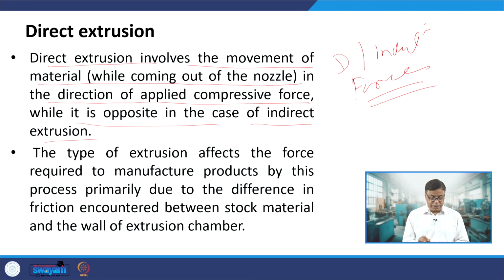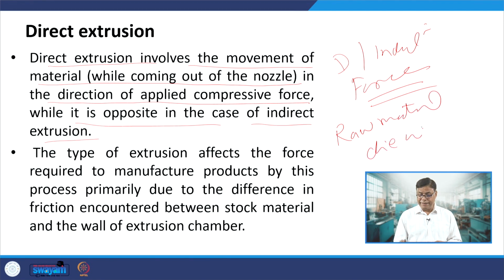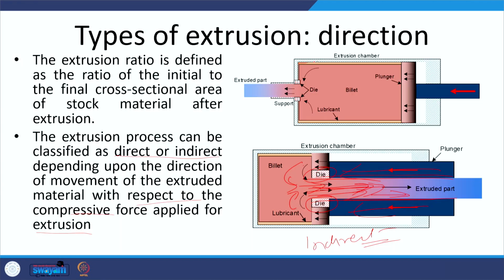And the reason behind this is the friction between the raw material and the die wall interface. In the case of direct extrusion, the friction acts at all these interfaces between the raw material and the die wall chamber, and the friction force must be overcome to ensure the movement of the material.